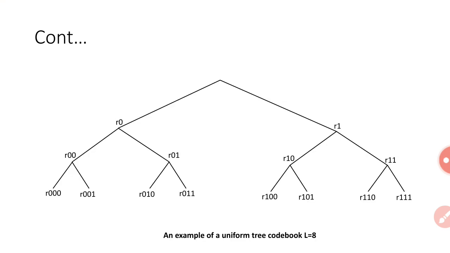Consider this figure. It is an example of a tree-structured vector quantizer. Suppose we want to quantize a vector X. That is, the input vector is X that we want to quantize.